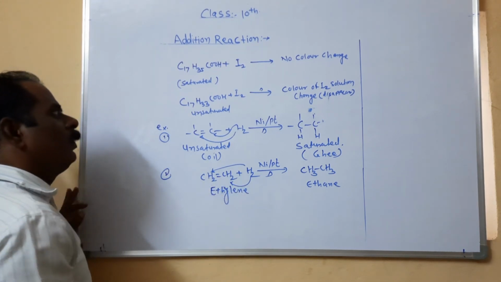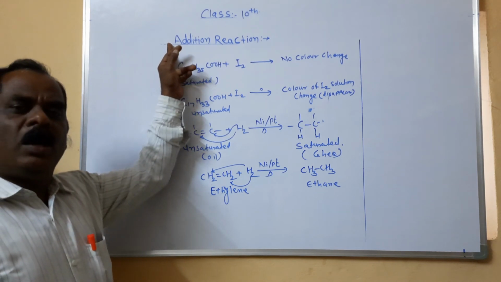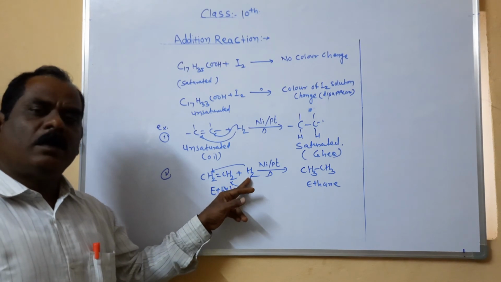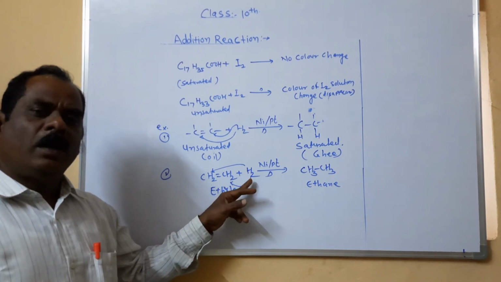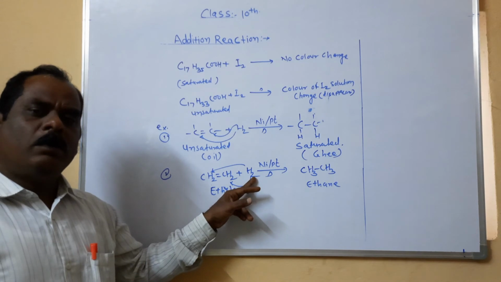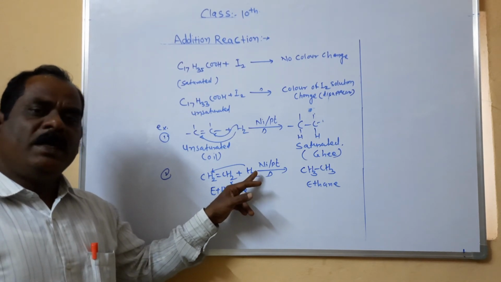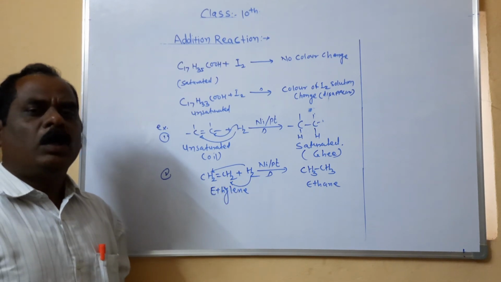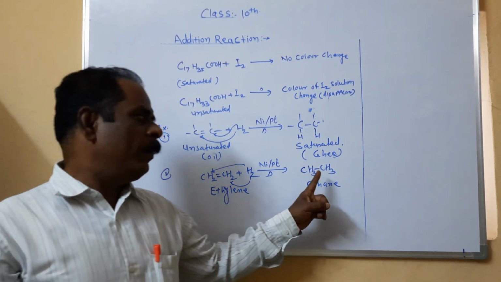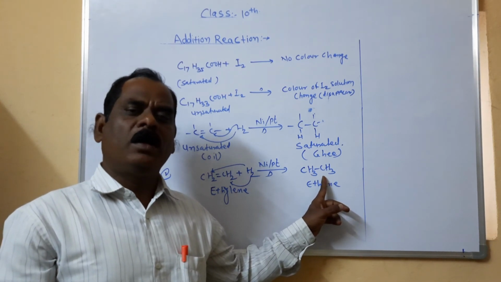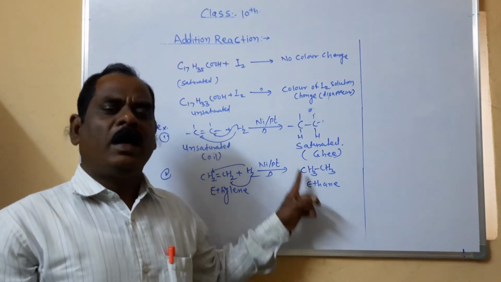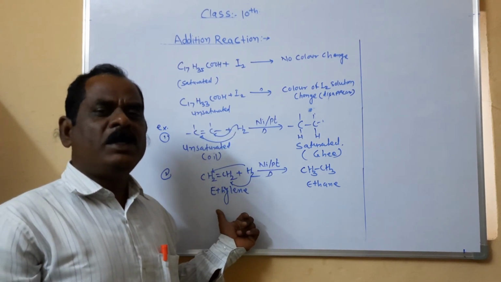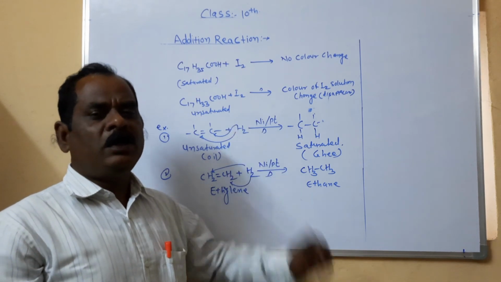This is the best example of addition reaction. How will you define the addition reaction? The reaction in which a molecule, atom or group is added on the double or triple bonded carbon atoms to form only one product containing a single bond is called an addition reaction. Catalytic hydrogenation of ethylene is the best example of addition reaction.